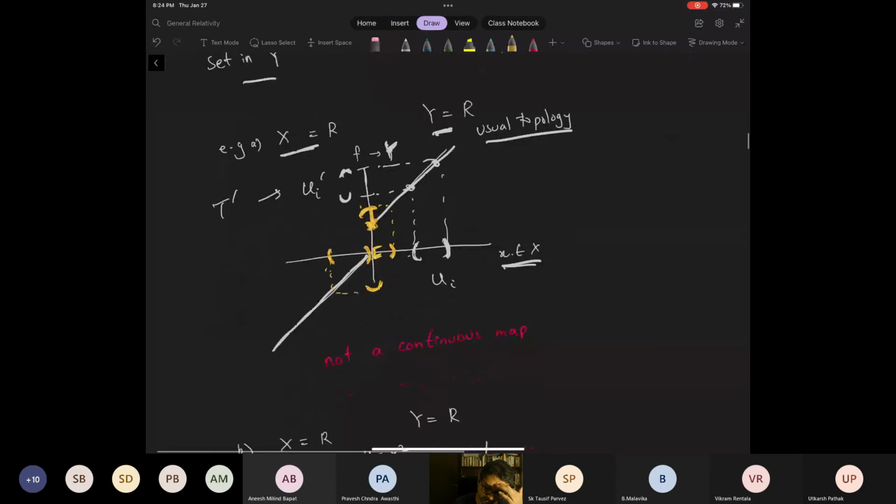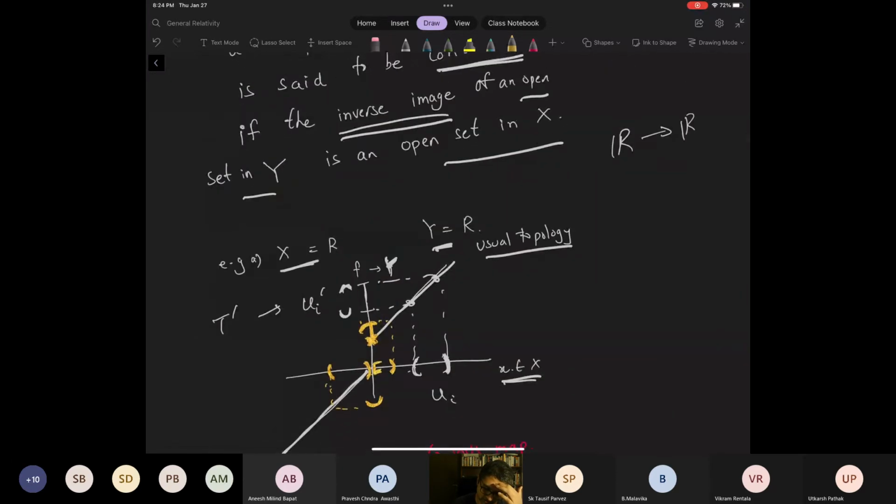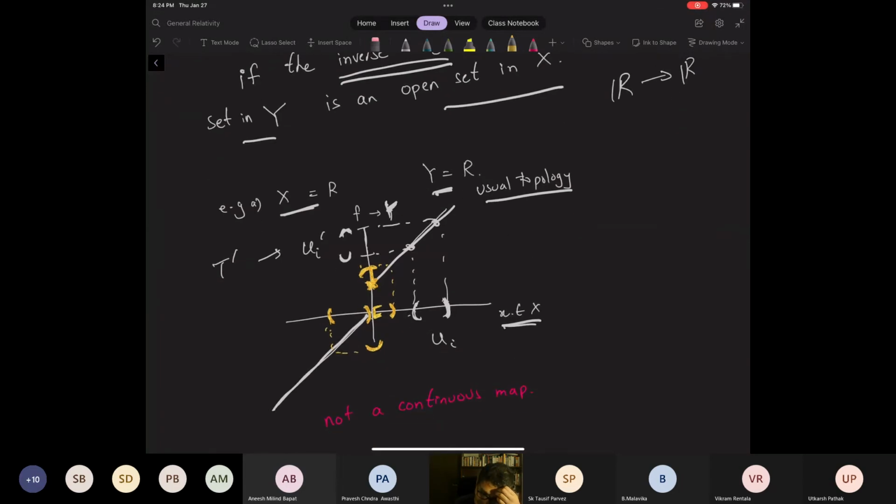Sorry, this place doesn't have an inverse image defined, so I can't quite do this.